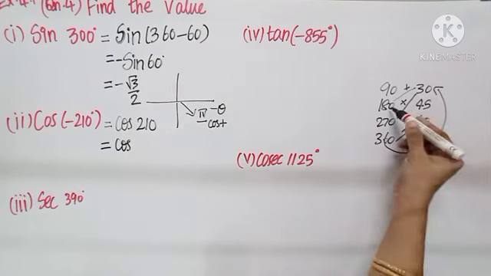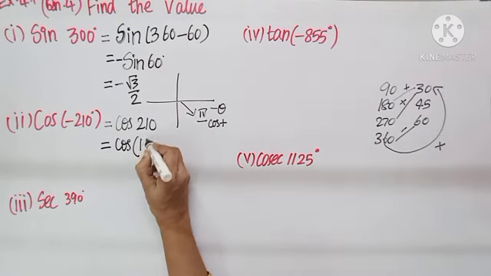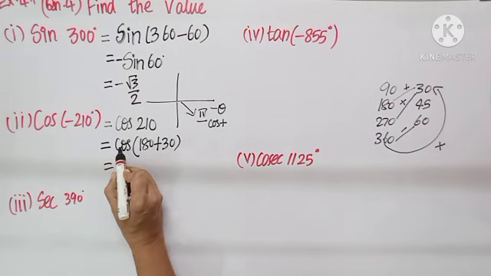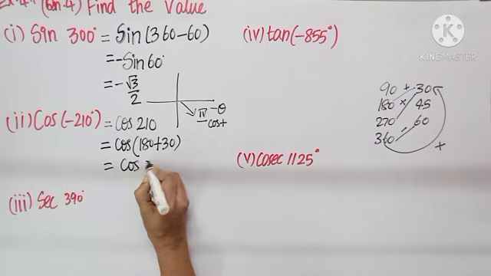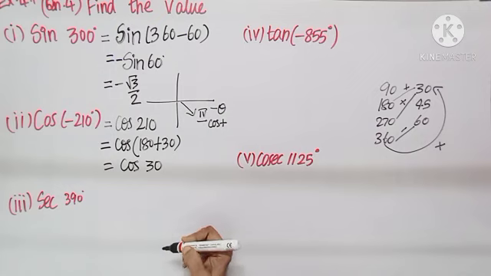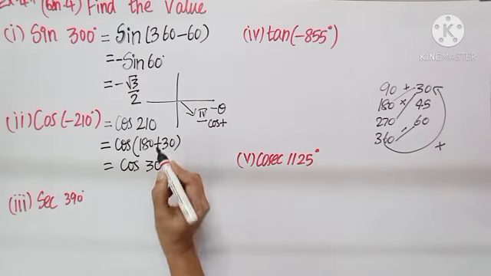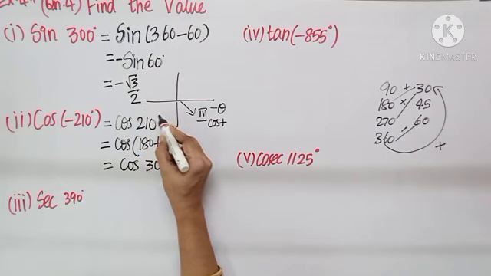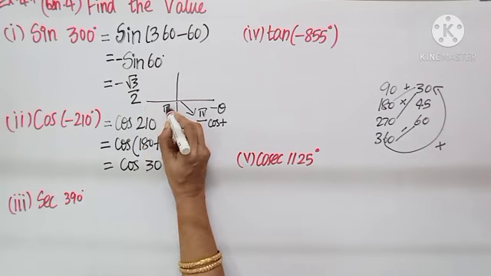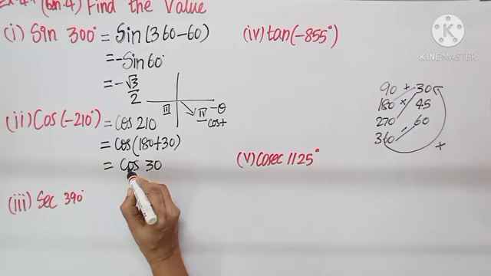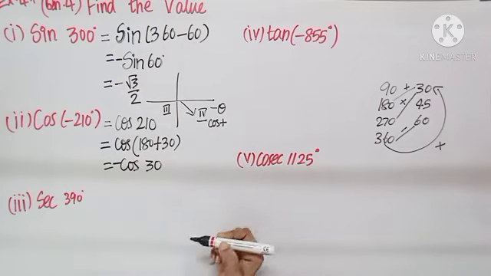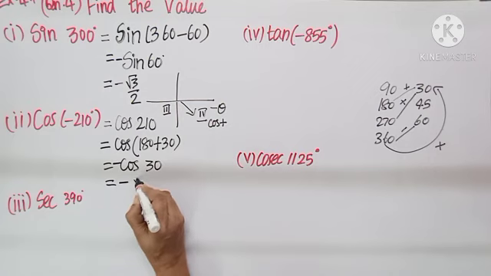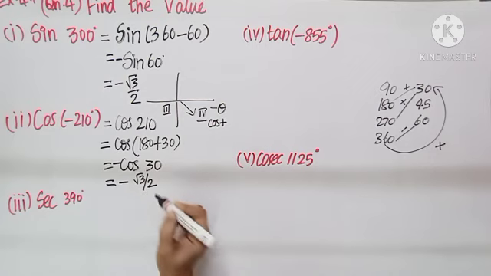We said 180 plus 30. Again, 180 comes, no change. Cos will be cos only. 180 plus 30, which quadrant? This is 0, 90, 180. 180 plus comes in third quadrant. Third quadrant, cos is negative. So my answer is minus cos 30 value, as we recall, root 3 by 2.